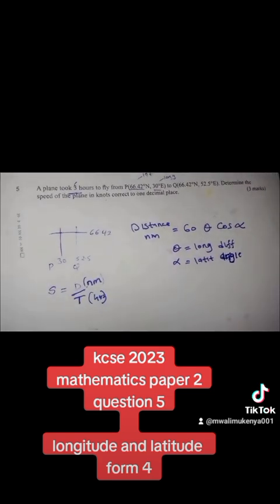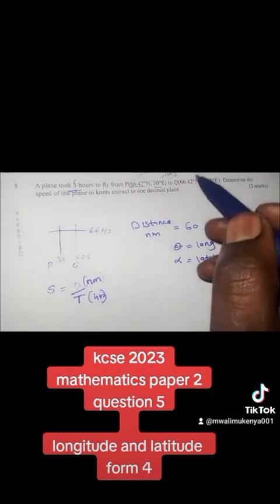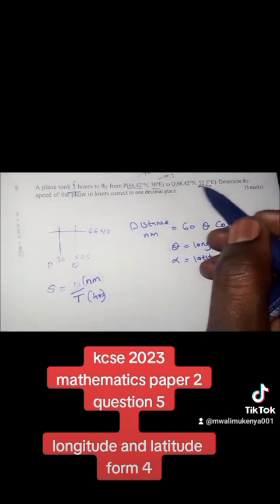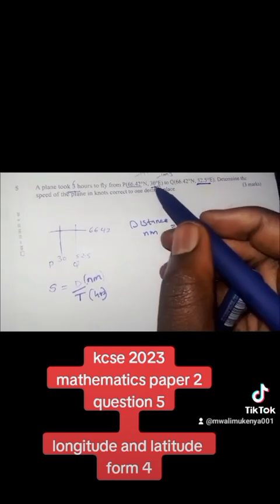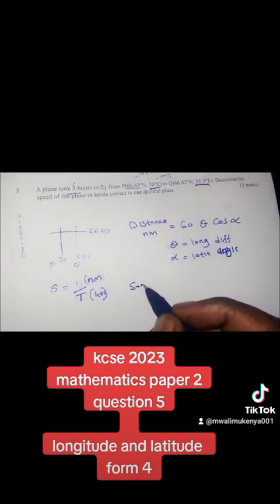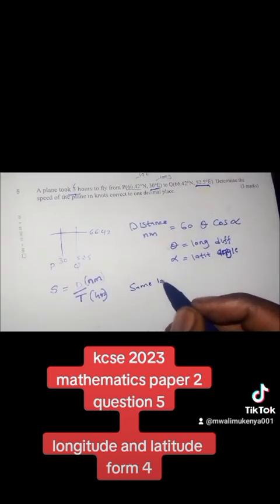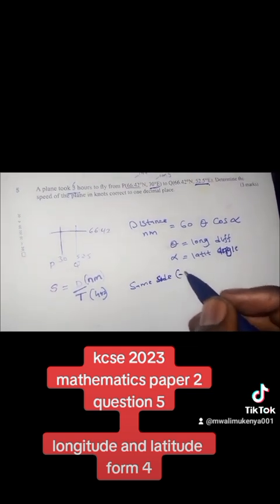If I look at the theta now, the longitude difference, the longitudes are the ones on the second part. You find that they are on the same side because they are both in east. So if they are on the same side, we are going to find the difference. We subtract.